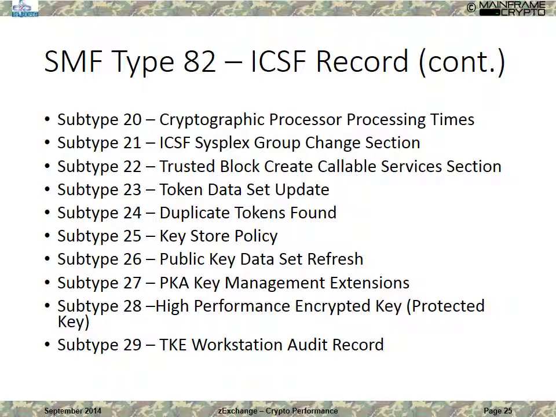So you can't really use those to evaluate your performance or predict your capacity requirements. There are a number of other subtypes on this chart that are, again, event records of when things happen. So be aware that that data is available. And then let's go to slide 26.